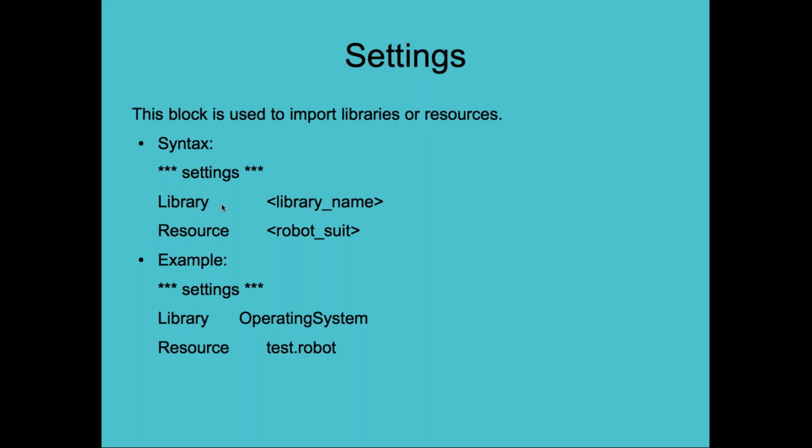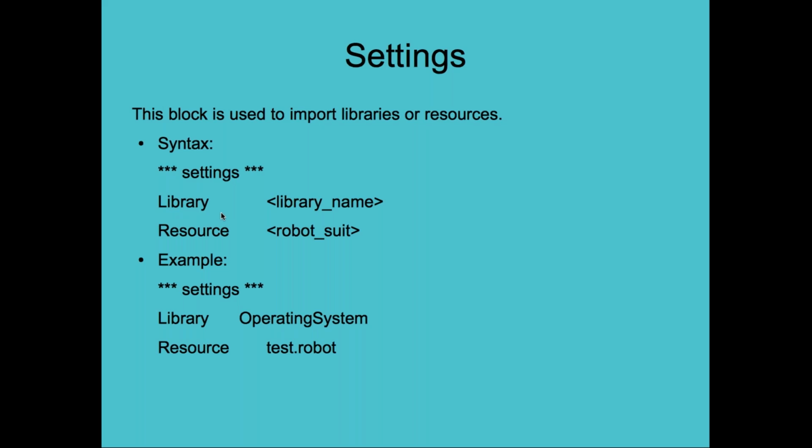The settings section is used to import libraries. Like in Python, if you want to import any Python library, you write import, space, and the Python package, module, or class name. Similarly in Robot Framework, if you want to import any Python library or robot library, we use Library followed by two or more spaces. This is the keyword.